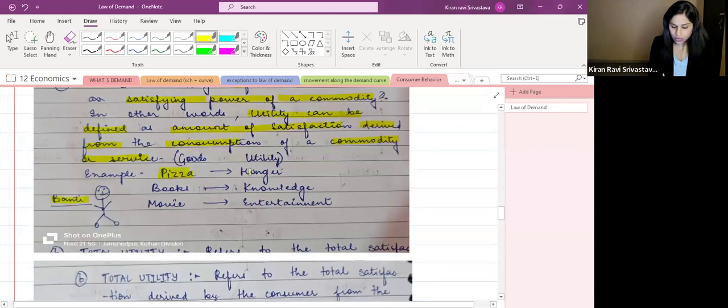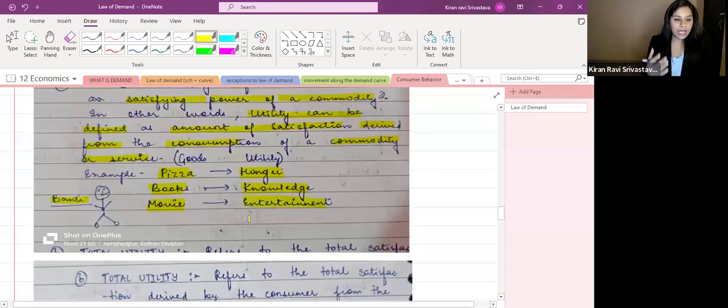Because pizza satisfies his basic urge of hunger. Bunty reads books because he wants knowledge; his want is the urge for knowledge. Bunty watches a movie because of his need for entertainment.